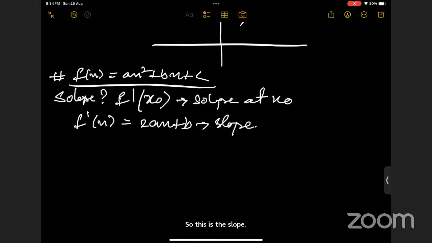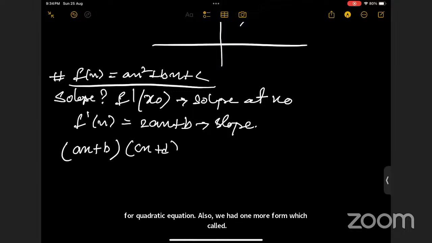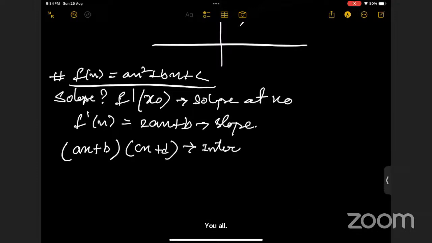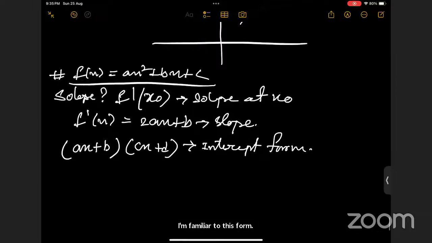For a quadratic equation, we also had one more form, which is called the intercept form, right? Yes, ma'am.